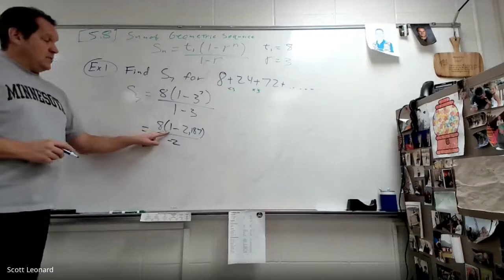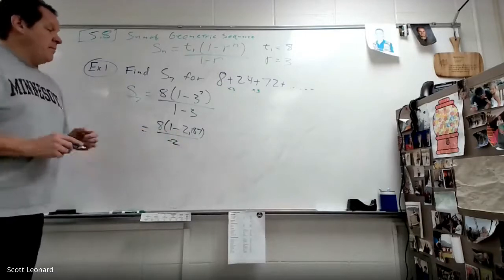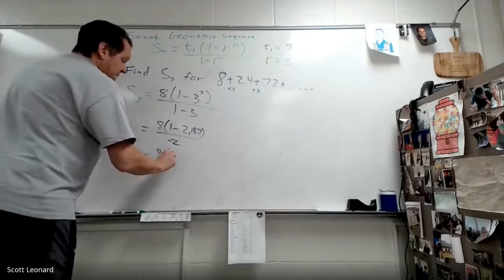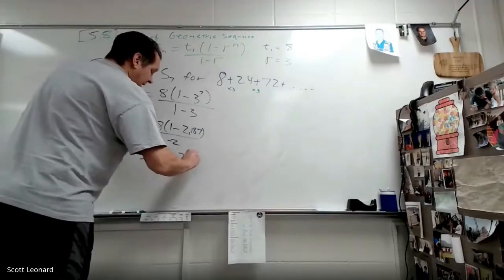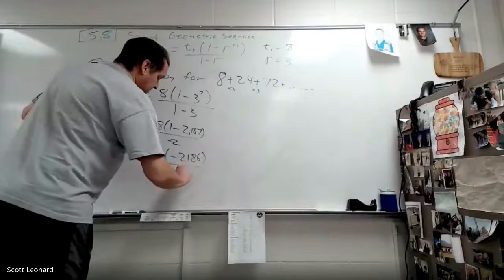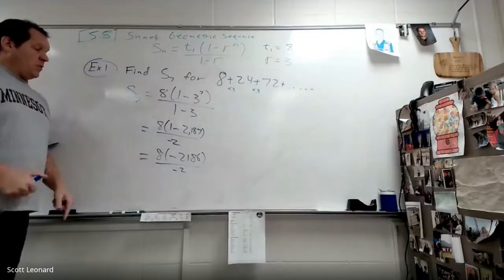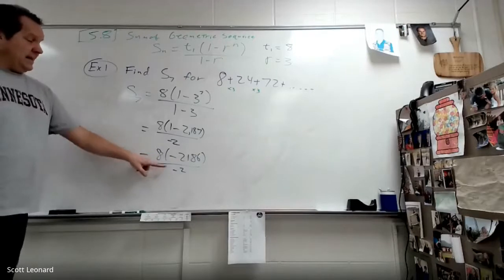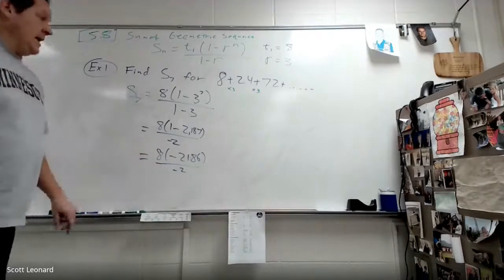Use our PEMDAS. Once again, inside of here, take 1 minus 2,187. I will get 8 times negative 2,186. Okay. At this point, you can finish this with your calculator, multiply this by 8, and then divide your final answer by negative 2.